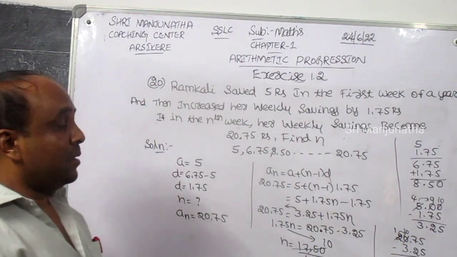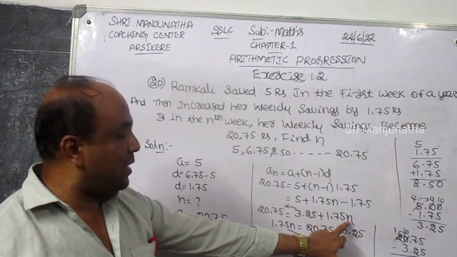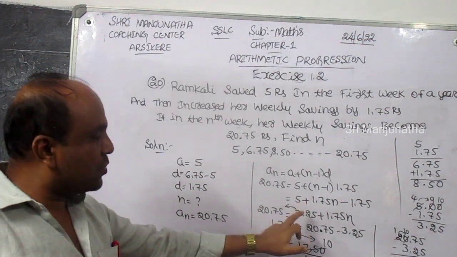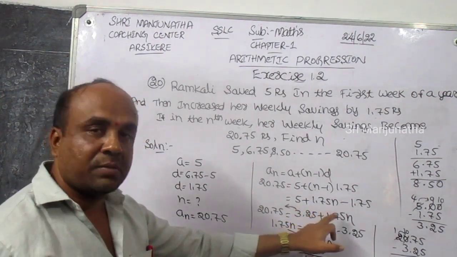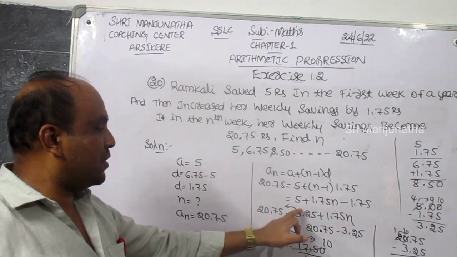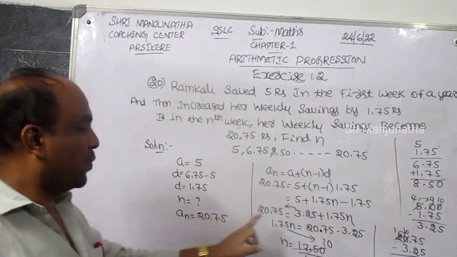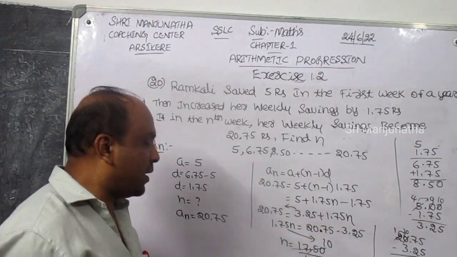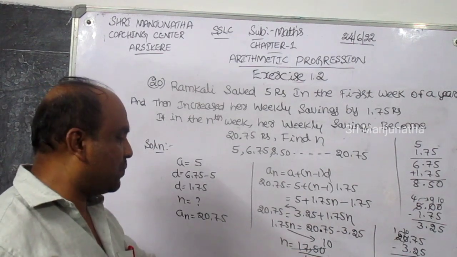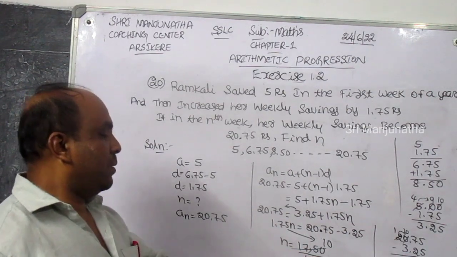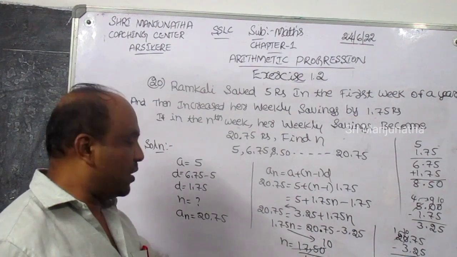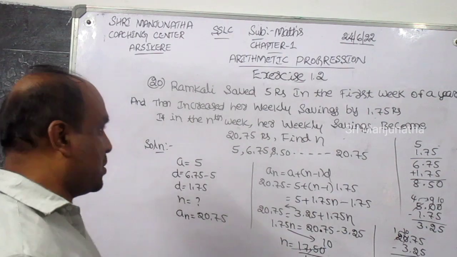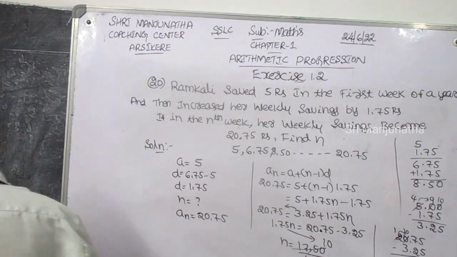Be careful, n is a variable. 3.25 is not a variable, it is a constant. For that reason, don't add these two numbers. Shift this number to the left hand side. 1.75 n is equal to 20.75 minus 3.25, subtract, 17.50 divided by 1.75. 2 digits after the point, 2 digits after the point, it will be cancelled. 175 ones are 175, 175 tens are 1750. n is equal to how much? 10. The value of n is 10.